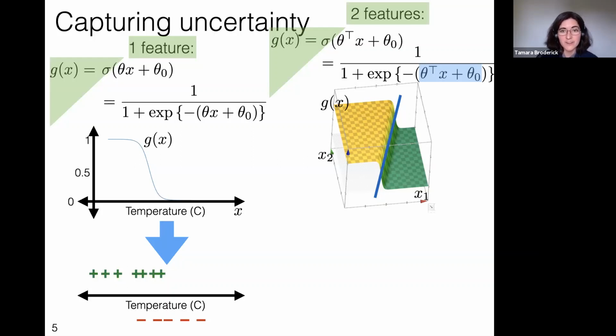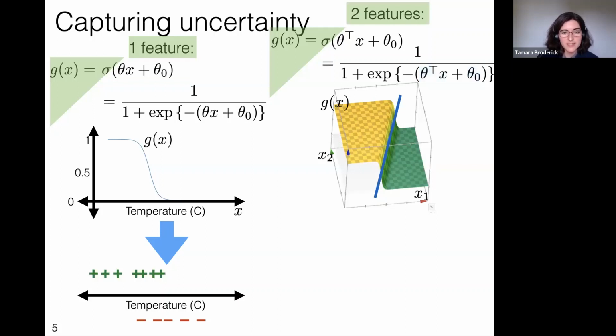And in fact, in general, theta transpose x plus theta naught equal to a constant describes a line where g of x has the same value across that line. Okay, so this is this dividing line. This is the 1/2 line. And in general, this will be a hyperplane, and in this case, it's a line.